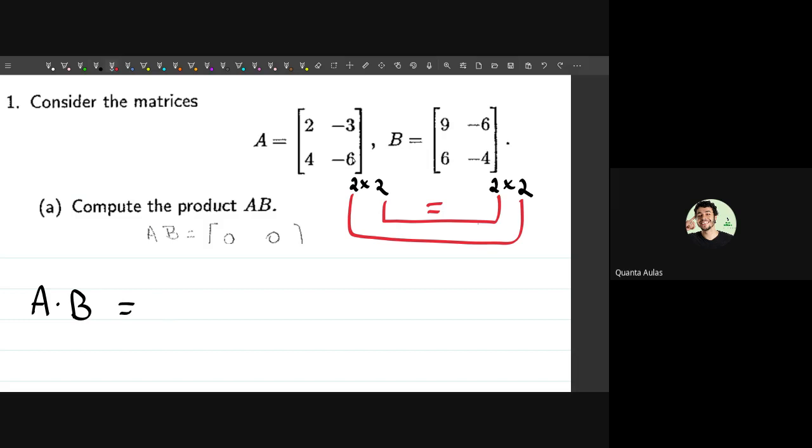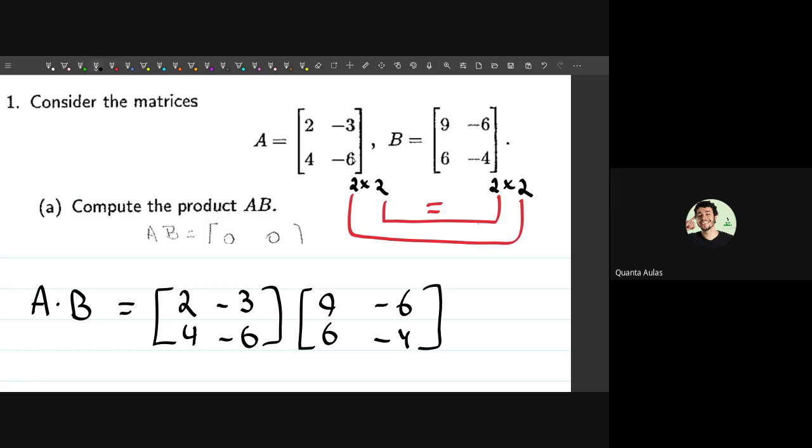Okay, let's go. I will write the matrix here: 2, minus 3, 4, minus 6, and here we have 9, minus 6, 6, minus 4.